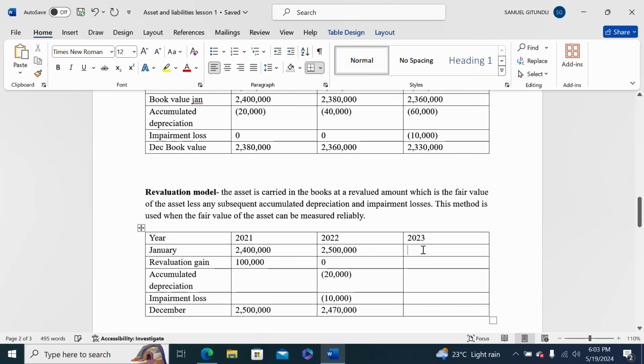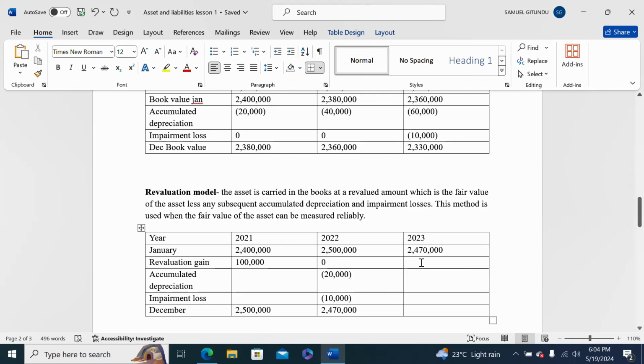In the next year of 2023, because revaluation has to be done regularly to make sure that the value of the asset is being measured on a regular basis and does not differ materially from the carrying amount, if in December 2023 the valuer comes again and measures the value of this asset, we have the carrying value in January 2023 of 2,470,000.